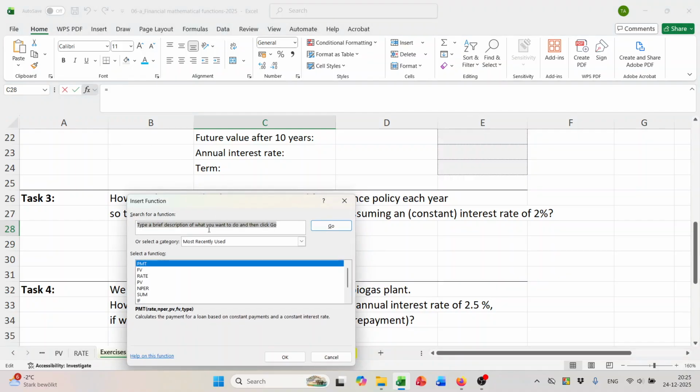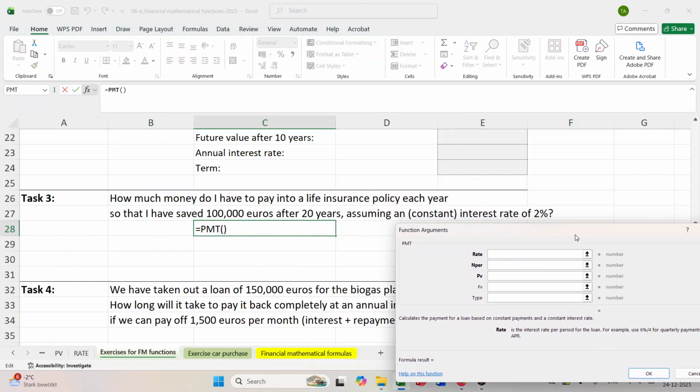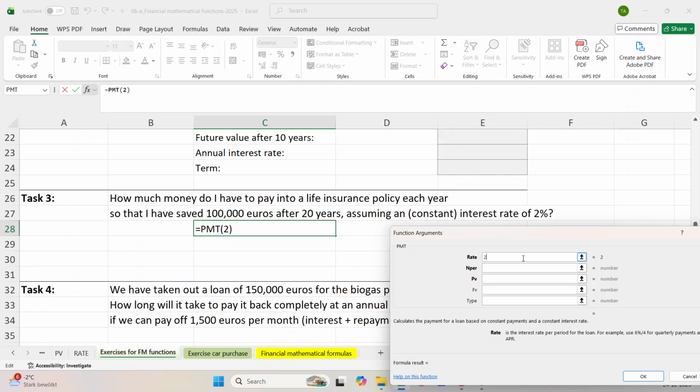Same PMT: rate is 2%, the number of periods is 20 years. Present value: we are starting from 0, so it should be 0. Future value: we want it to be 100,000.